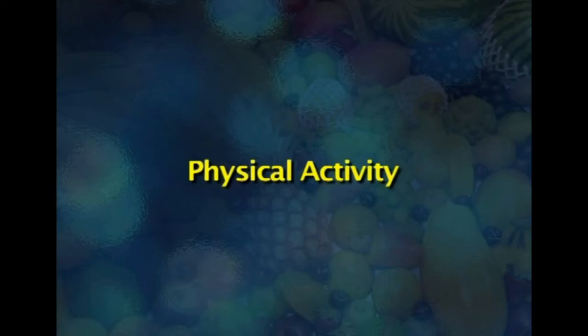This roughly constitutes about 10% of the BMR, and this becomes a smaller component as far as the energy requirement is concerned. In a homogeneous population, this is more or less constant. Now, the third component is the level of physical activity.